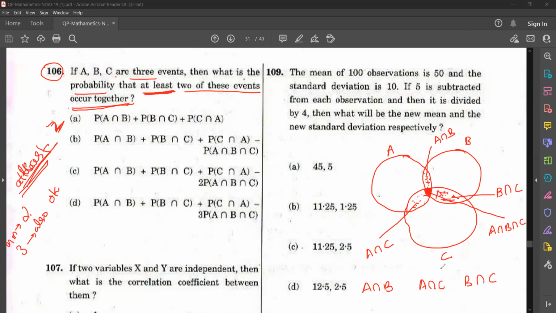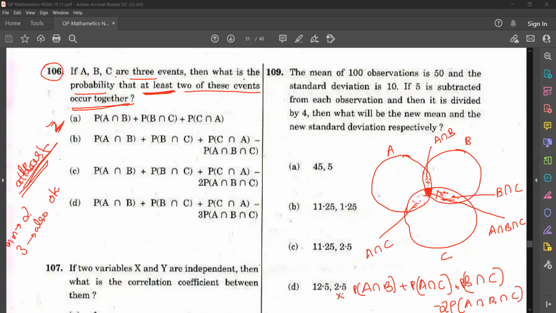So what we have to do? We have to subtract that 2 times. So that is P of A intersection B plus P of A intersection C plus P of B intersection C minus 2 into P of A intersection B intersection C.